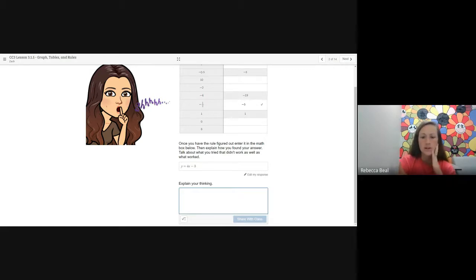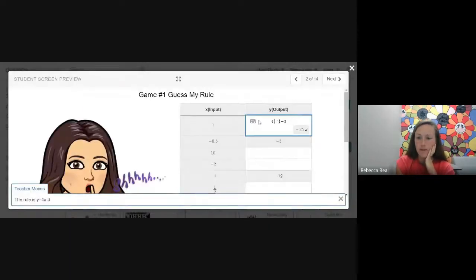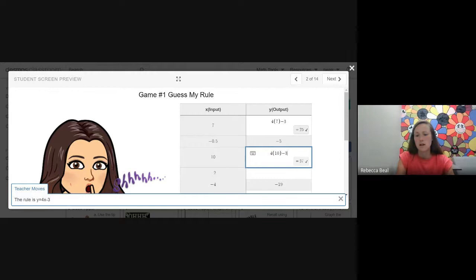Okay, so I tried to fill in the table, and I noticed that it's really a calculator. I did 4 times 7 minus 3, because 7 is the x value, and it gave me 25. So we could do that for all of these. 4 times 10 minus 3.